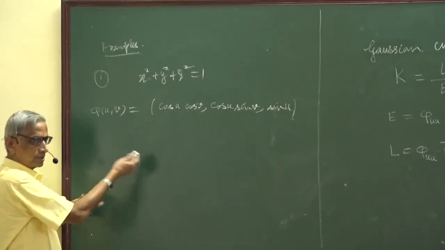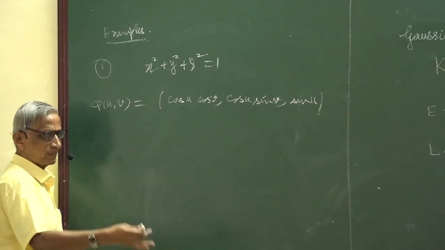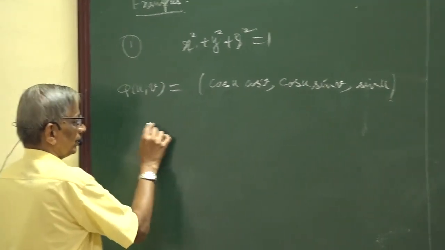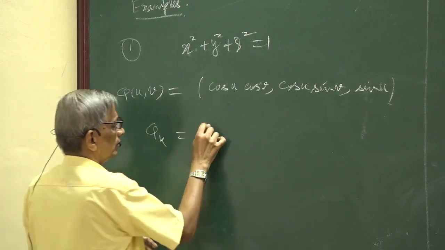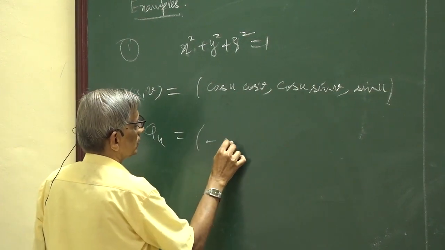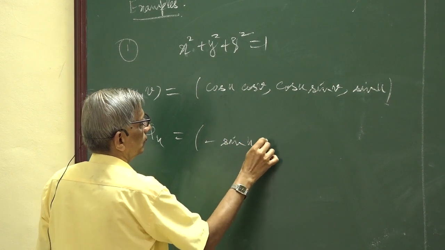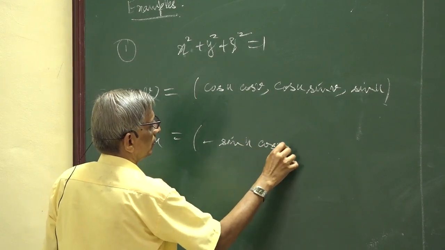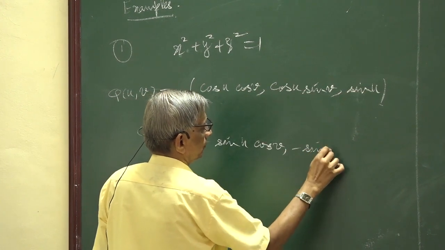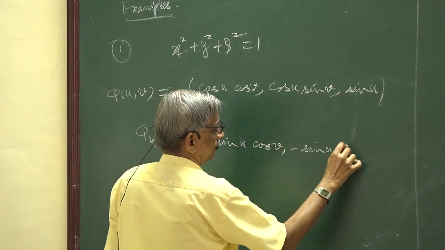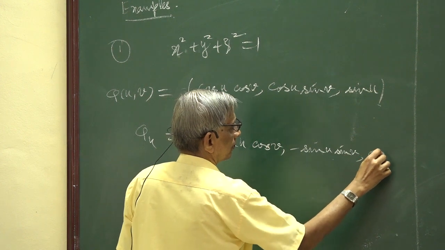So what is phi u? Just differentiate. Now it's all calculation that you have to do. Phi u is minus sin u cos v, minus sin u sin v, cos u.